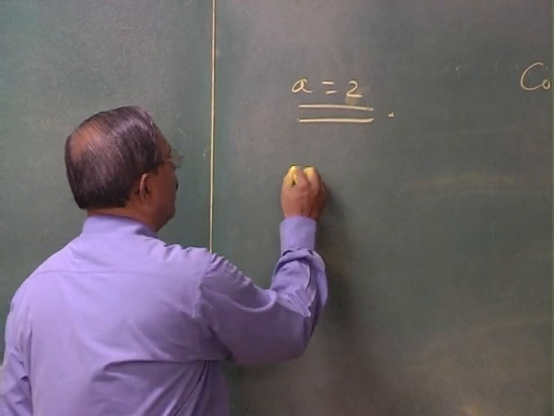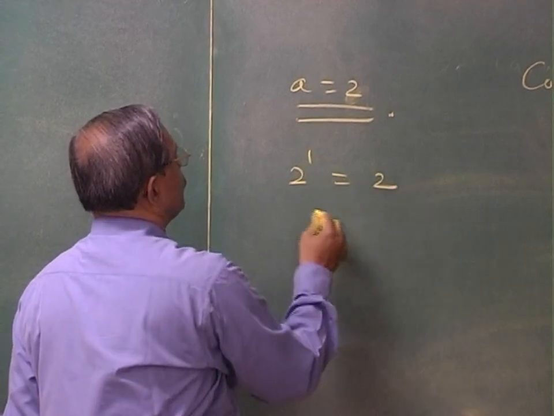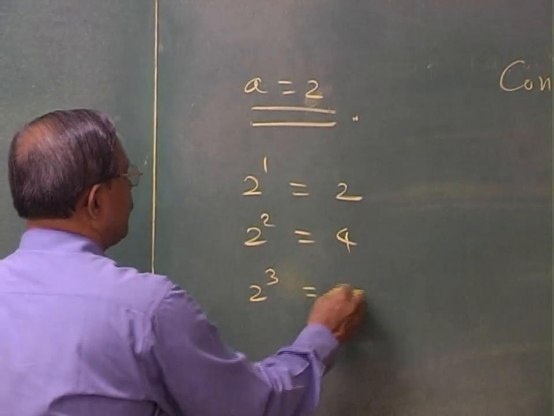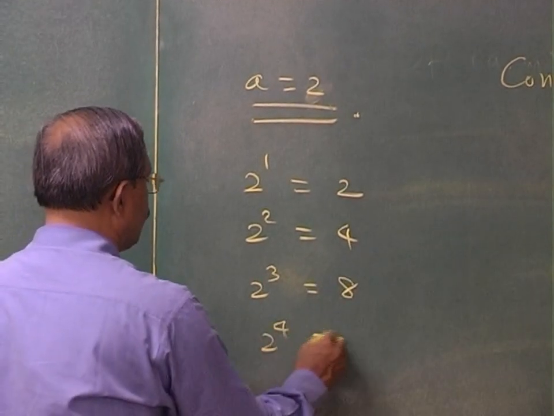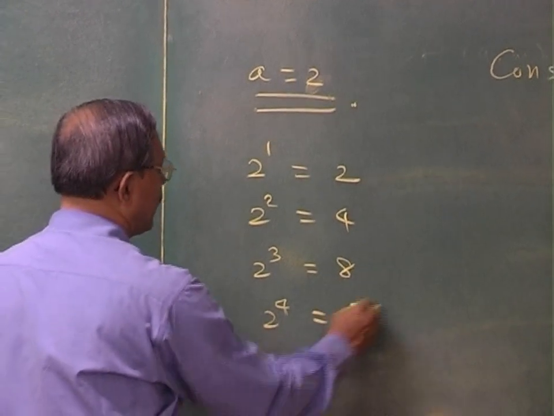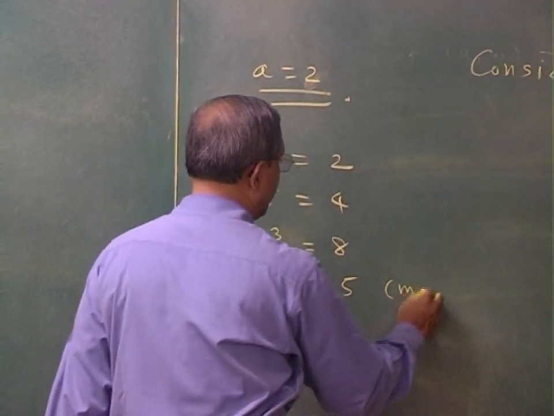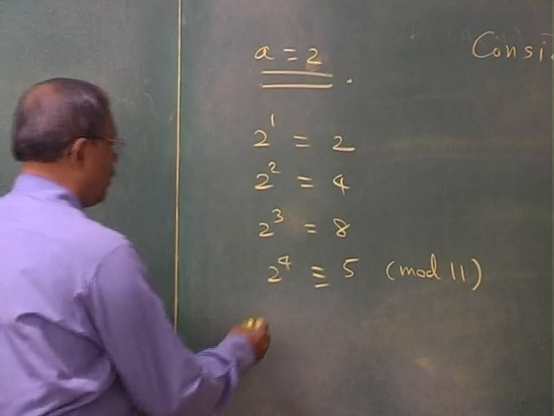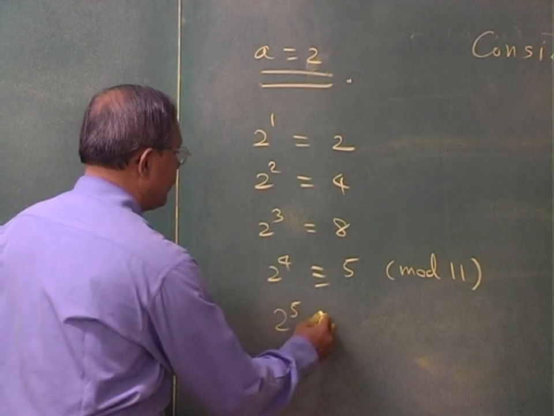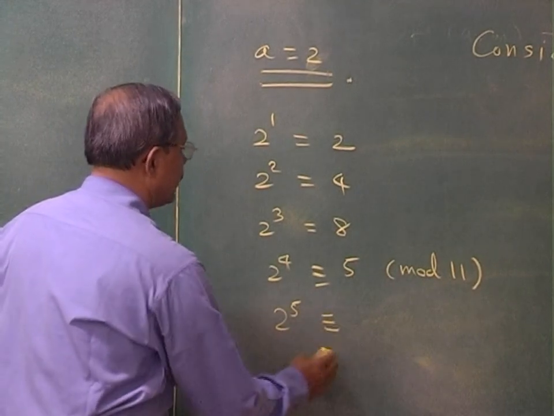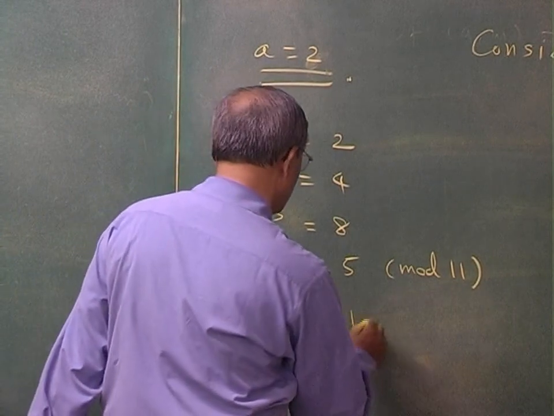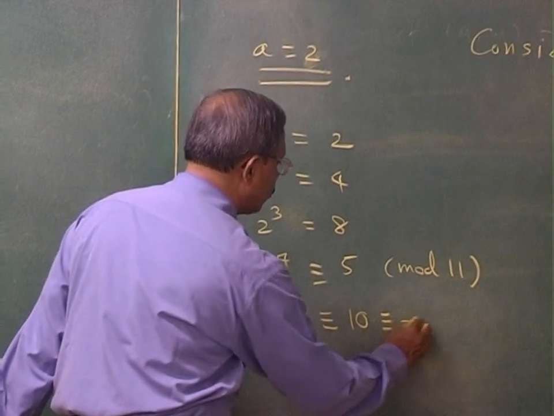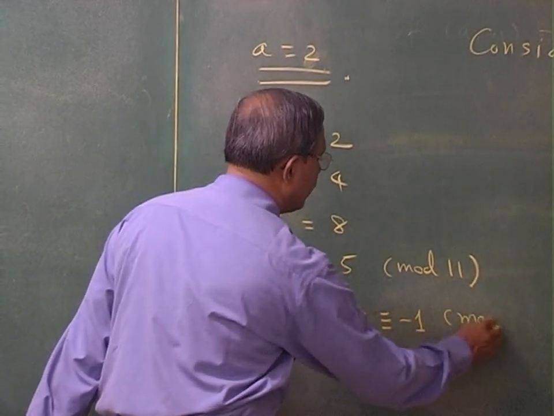Let us see. 2 raised to 1 is 2. 2 raised to 2 is 4. 2 raised to 3 is 8. 2 raised to 4 is 16, that is congruent to 5 mod 11. 2 raised to 5 is congruent to 10, so congruent to minus 1 mod 11.